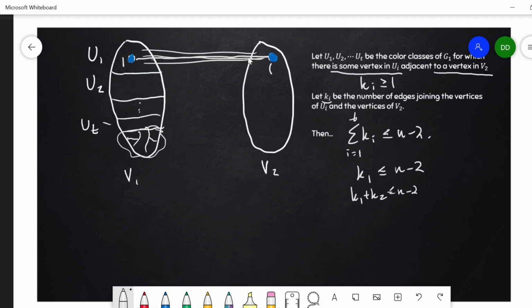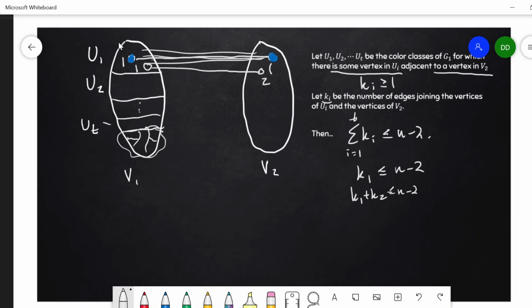So all my vertices in U1 here are colored 1. And I might have some other vertices. So maybe there's a vertex here that's colored 1, that's adjacent to another vertex here that's colored 2, right? So in terms of permuting the colors, I couldn't change 1 to 2. I would still have the same issue.